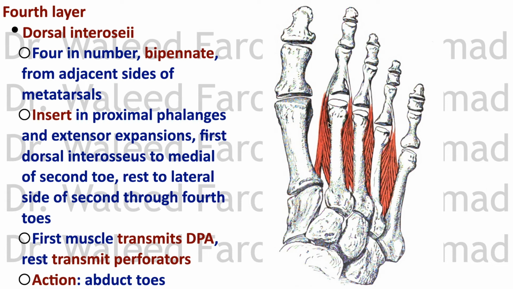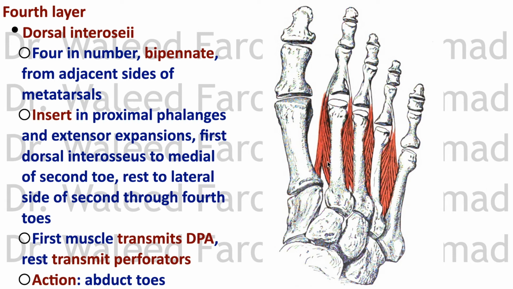How? Well, there is a rule that dorsal interosseous abducts the toe. Abducts, so away from the axis. And the second rule is if the muscle is doing an action, we don't need another muscle with the same action to repeat it.